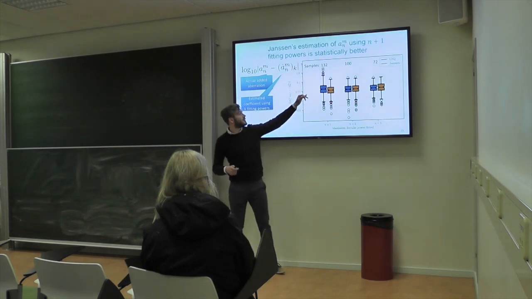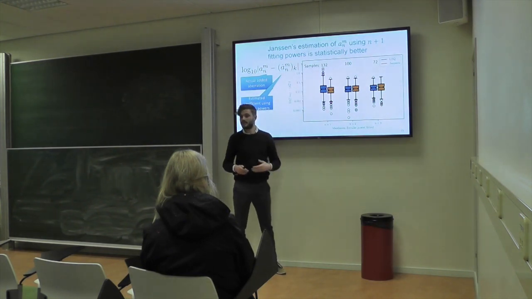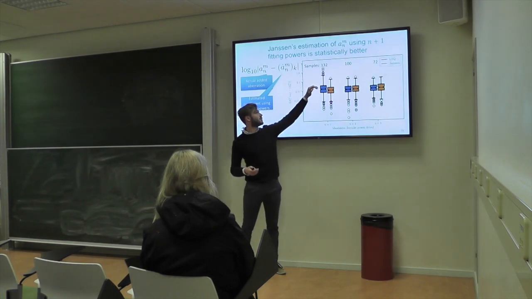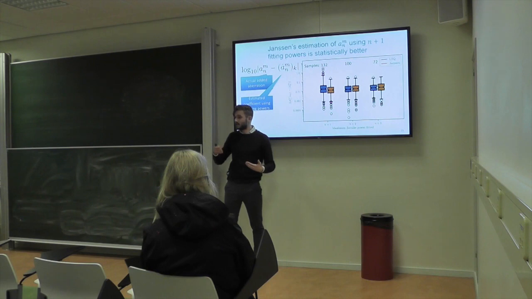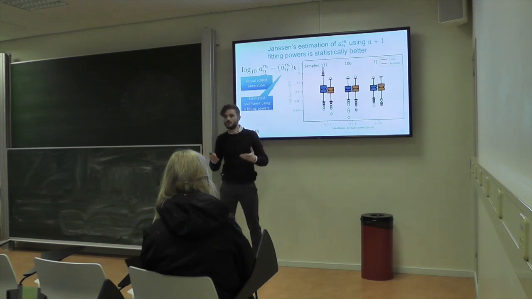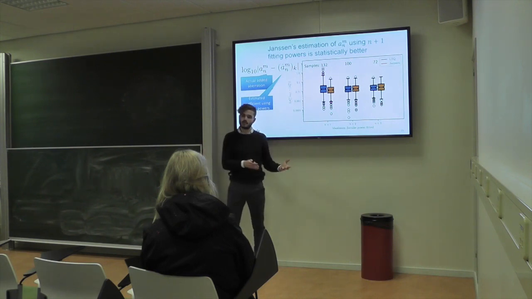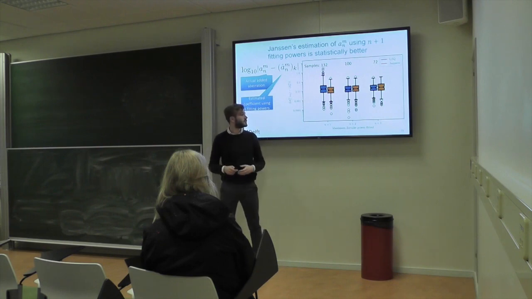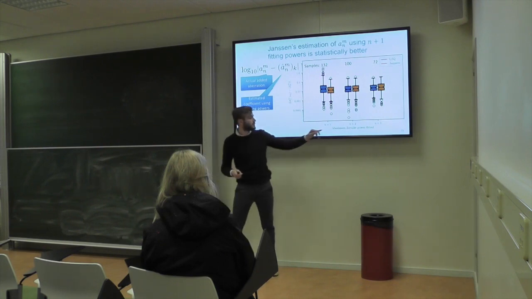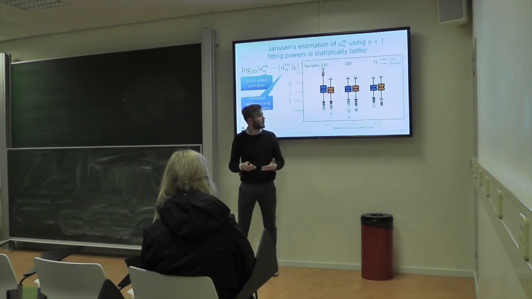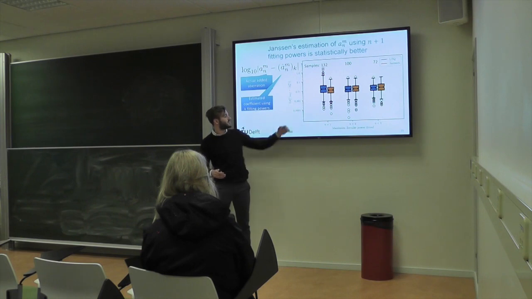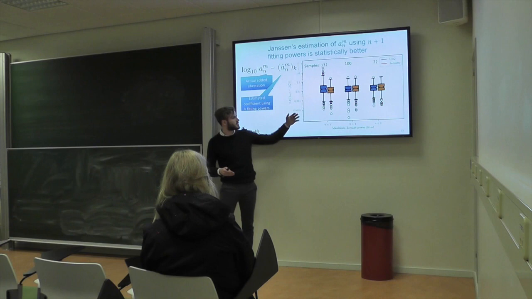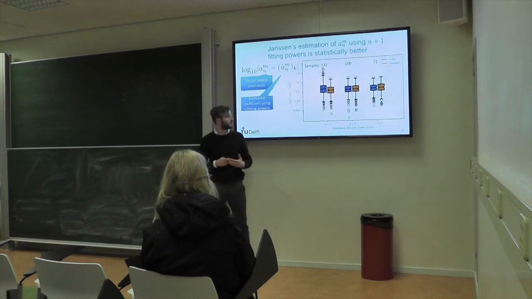It can also be seen that the outliers for the least squares method are higher, and that in general the whisker of the box plot is higher, denoting that there are more gross or bigger errors present in the least squares method than in Jansen's method. What also can be seen is that using n plus 2 or n plus 3 fitting powers, this difference is completely gone. And this n plus 1 fitting powers really shows that this crosstalk is still present, and that Jansen's method does not suffer this crosstalk.